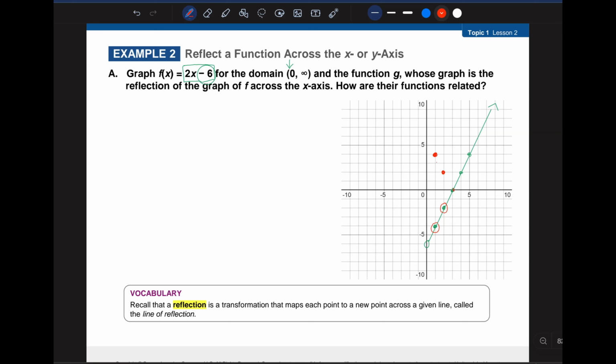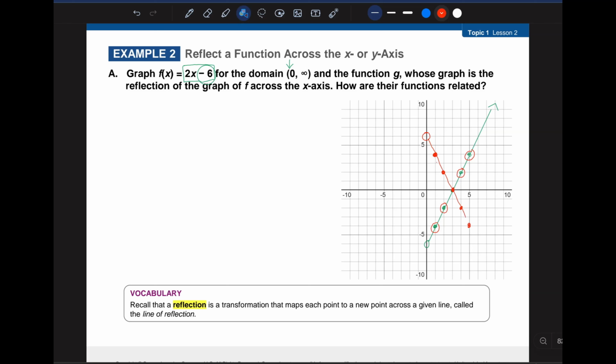This is on the axis, so it literally stays there. This point is 2 above, so I would have a point 2 below. This point is 4 above, so I would have a point 4 below. And then here I have that open circle at -6, so I would have an open circle at +6. All right, and then I could just draw that in.